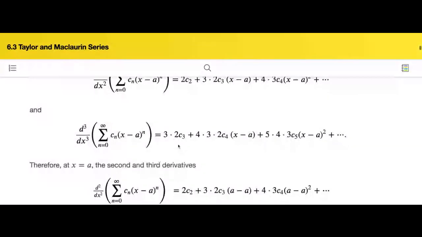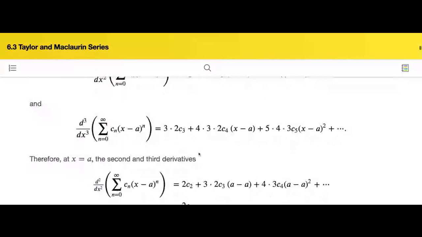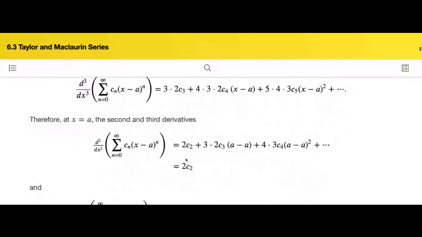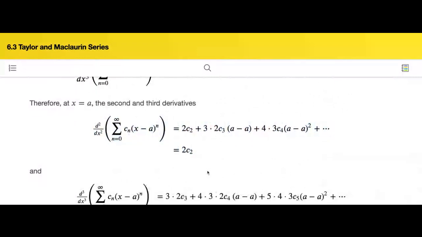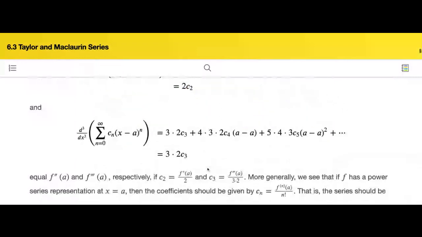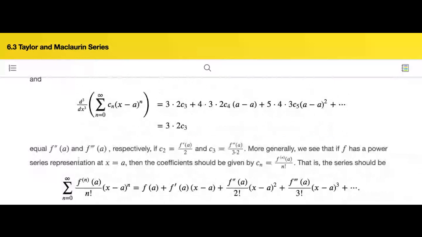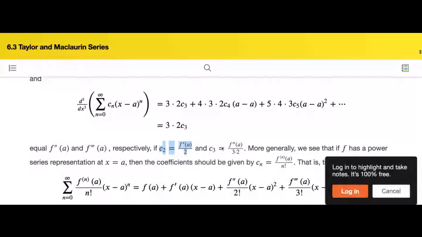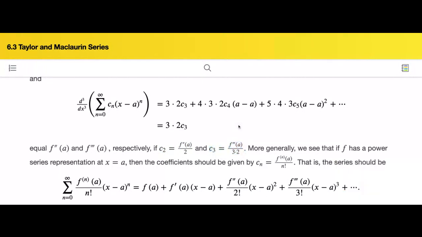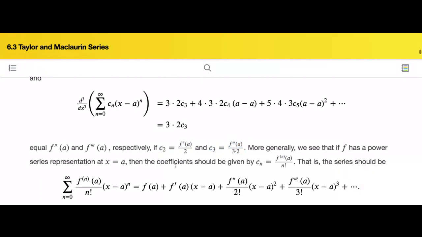Then we would get 3 times 2, C3, which equals f triple prime of a. So we see this pattern: C2 equals f double prime of a divided by 2, and C3 equals f triple prime of a divided by 2 times 3.